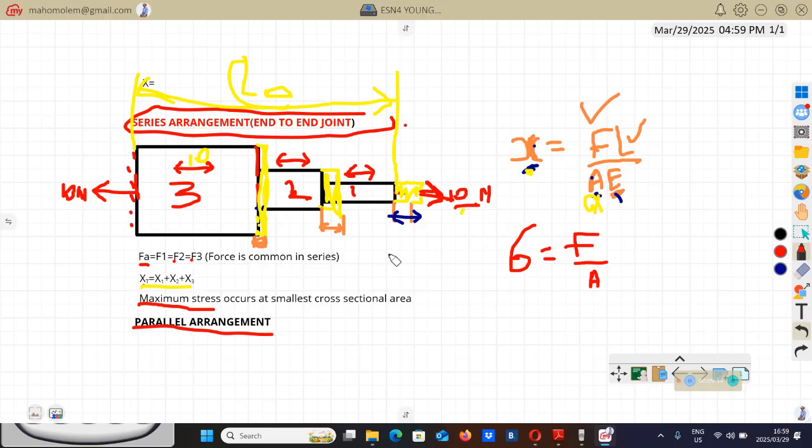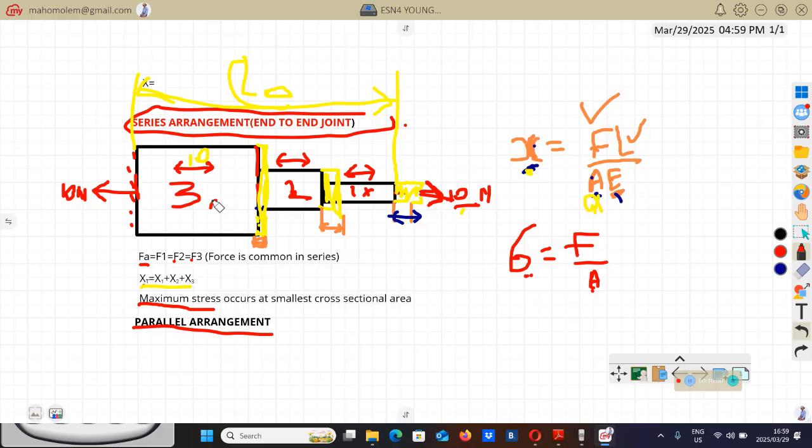So yes, in this arrangement, we have the same force, but we've got different areas. As you can see, stress is inversely proportional to the area, meaning that the smaller the area, the bigger the stress, and the bigger the area, the smaller the stress. Here, where you have the smaller area, we're going to have the bigger stress.